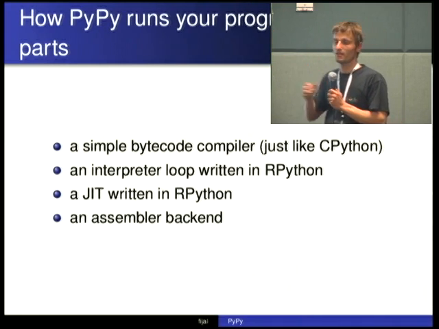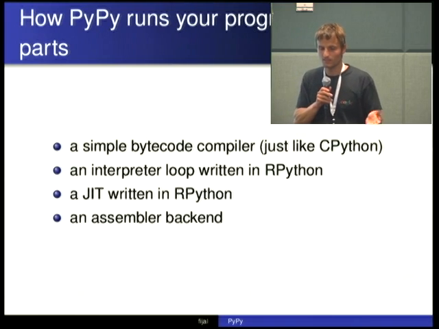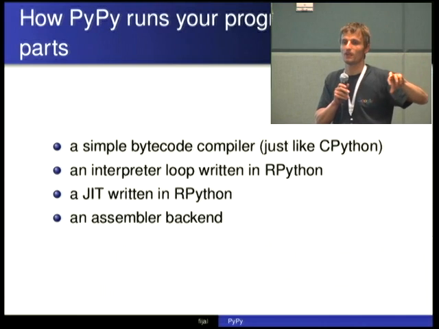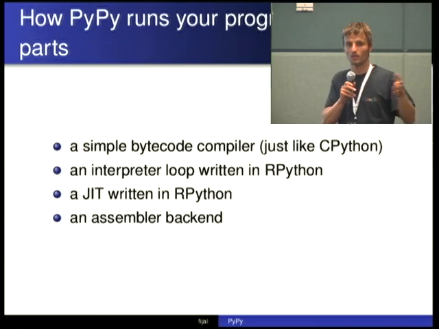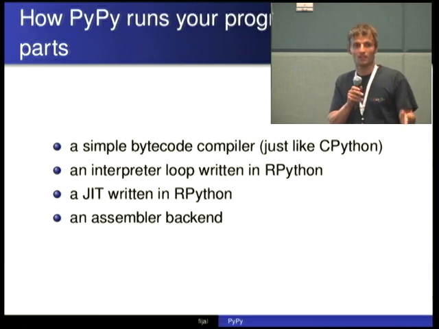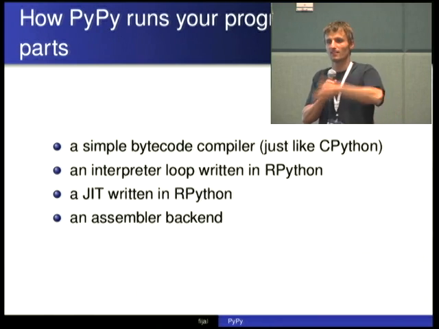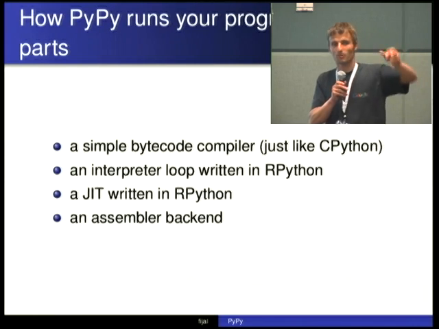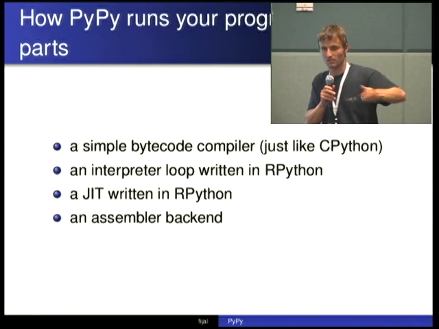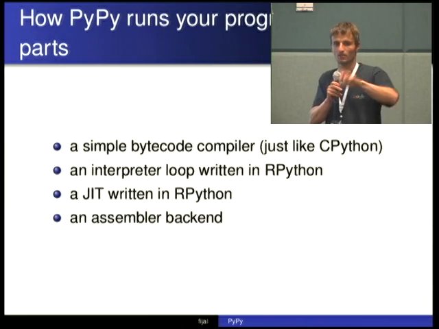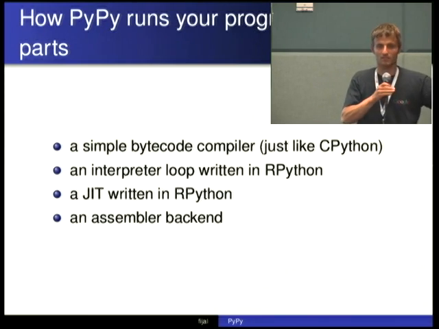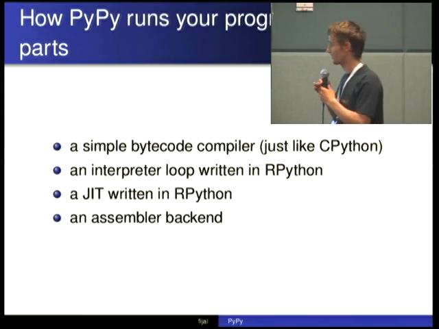For example, the way we test the JIT is we have tons of small RPython programs that happen to be very strange interpreters that test various cases. We almost never test the JIT by running the full Python and then testing the JIT like you would do with pretty much everything else. We test small pieces, RPython programs that are interpreters that we translate or interpret. And then we have a Python interpreter as well, written as an RPython program.